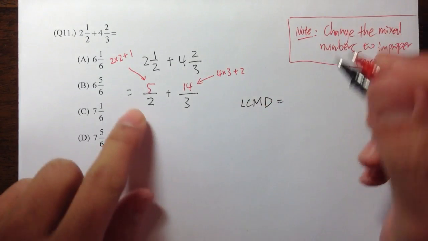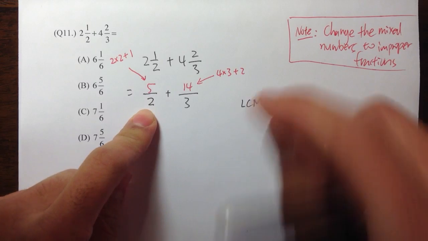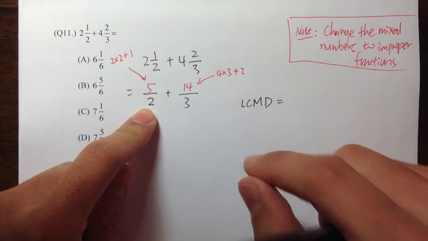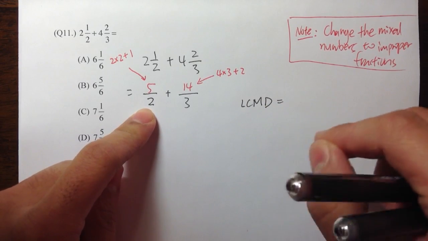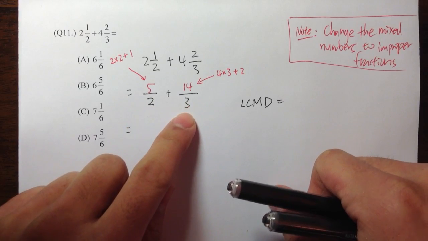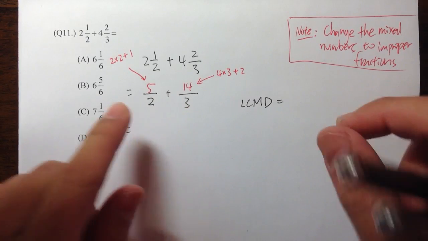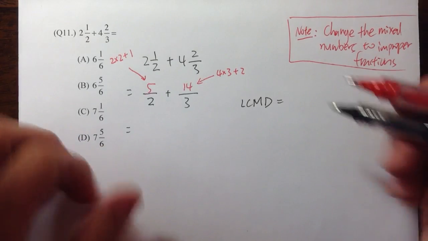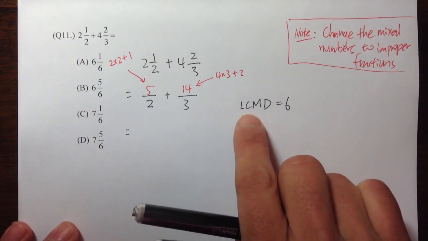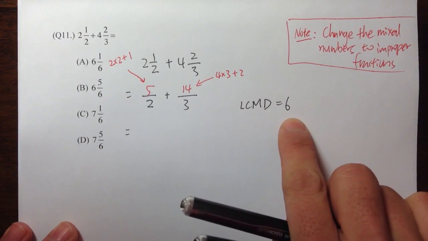The multiples of 2 are 2, 4, 6, 8. And the multiples of 3 are 3, 6, 9, and so on. The 6 is in common and it's the least. So the lowest common multiple of the denominators is 6.